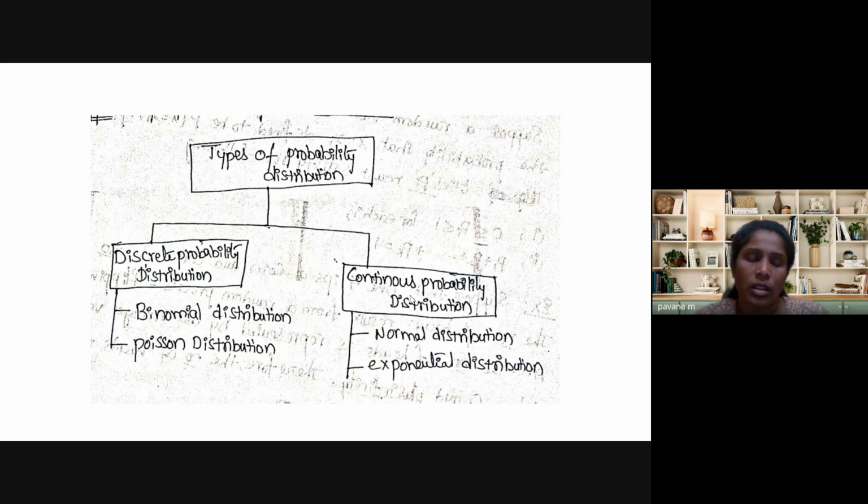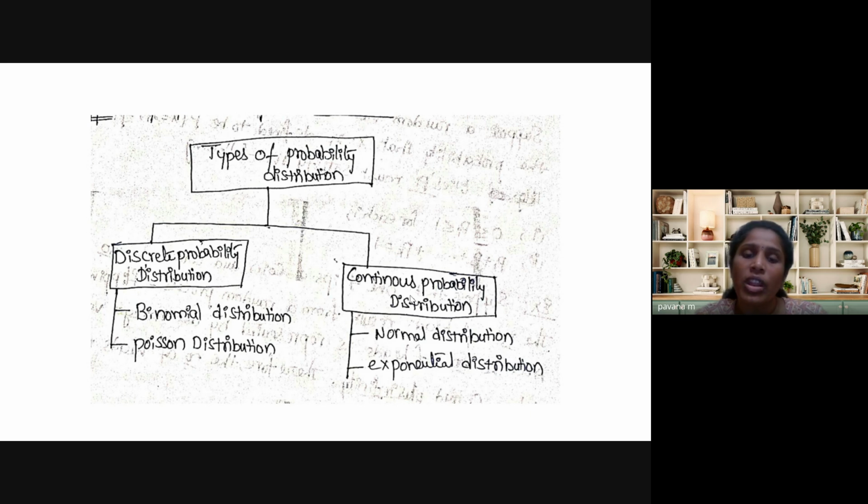This mainly depends on the success and failure of a particular event. And Poisson's distribution mainly depends on rare events. If you want to measure the probability of rare events, then you can use Poisson's distribution. That means road accidents, floods, the frequency of floods in a particular region.